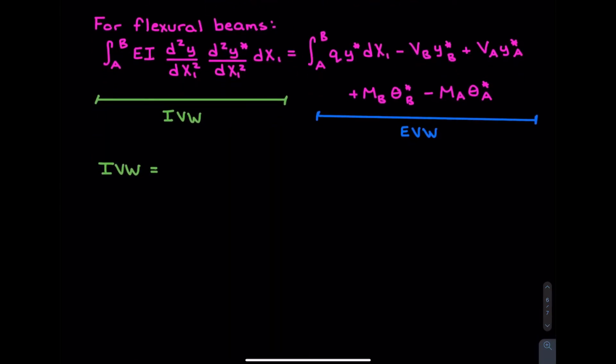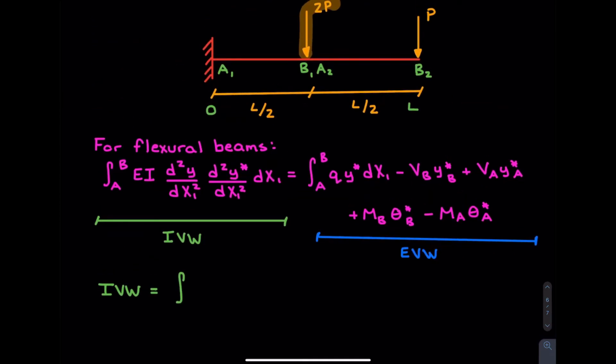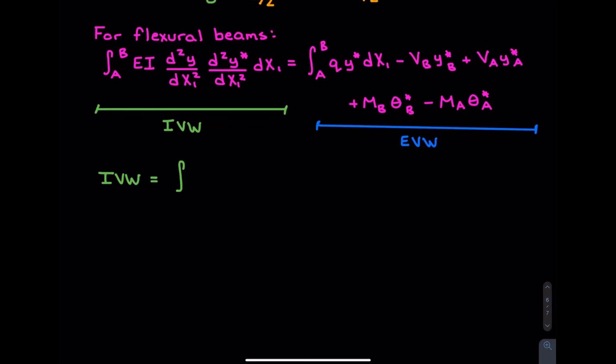So if we look at the flexural rigidity for beam formula, we have the integral from A to B. Our first integral, again, we're going to go from A1 to B1 because that's the region where it's smooth. If we go from A1 all the way to B2, it's actually not smooth because we have that concentrated load. So from A1 to B1, that is simply from 0 to L over 2.